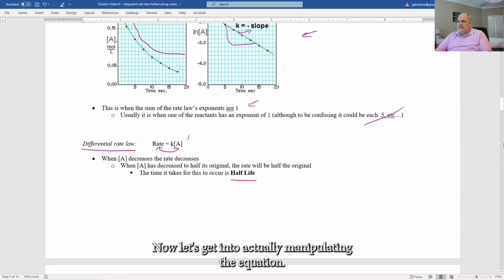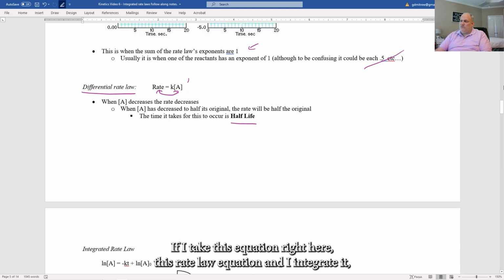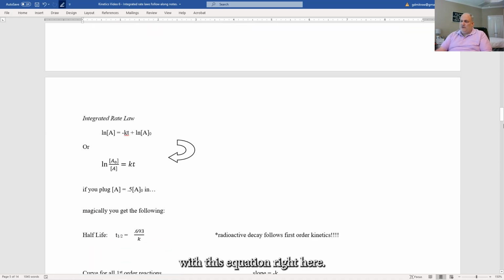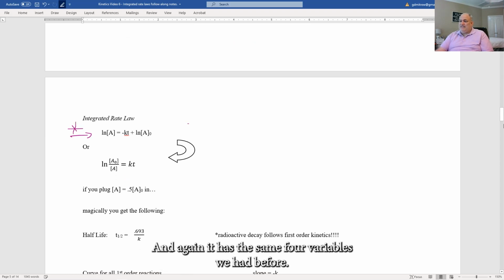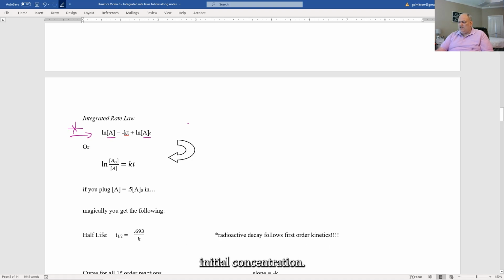Now, let's get into actually manipulating the equation. If I take this rate law equation and I integrate it, I'm going to end up with this equation right here. Again, this is a must-memorize equation. And again, it has the same 4 variables we had before, except you see we have concentration of A, A naught, that's initial concentration, and we have k and we have t.